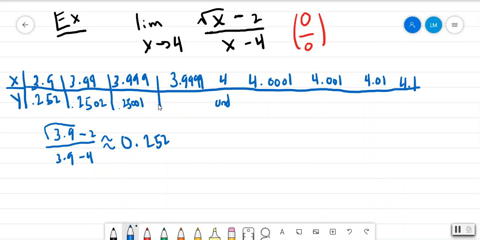And then if we plug in 3.9999, we get a couple zeros in between, so this is going to be 0.250001.